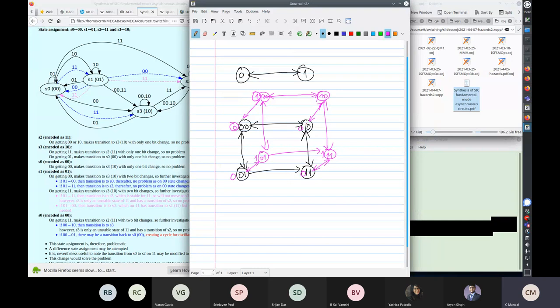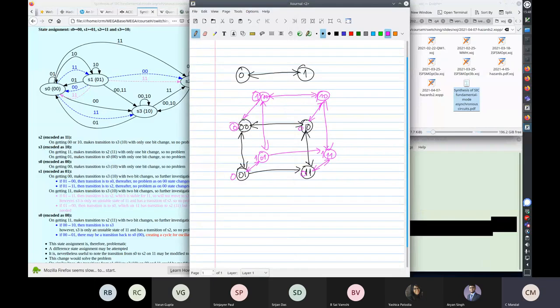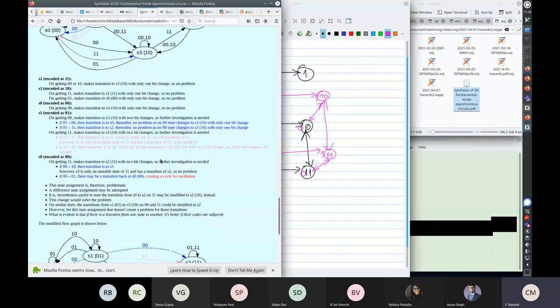Because here what you can see is that the transitions between these state encodings involve only a single bit change. So one strategy that we could adopt is, if we could just embed this transition graph onto this hypercube, then our problem would be solved. Okay, so that is what I'll just illustrate now.